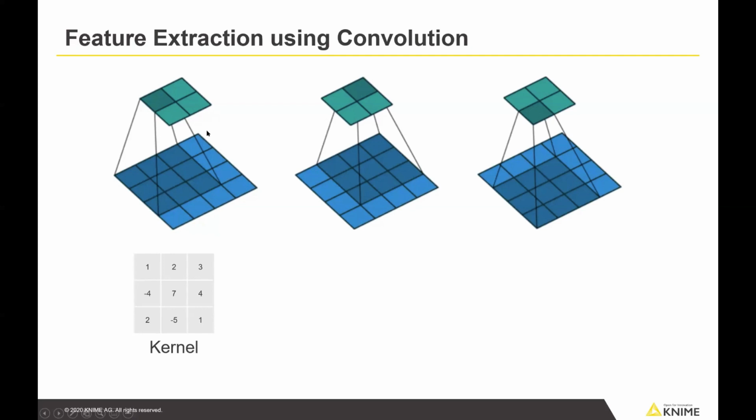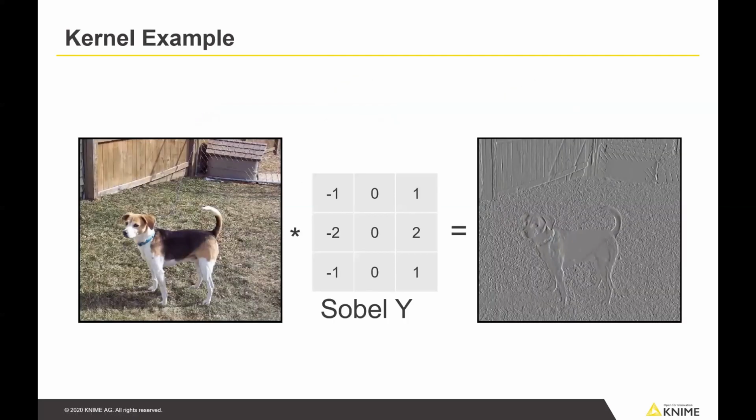Maybe this is a little bit hard to imagine, what this does in the end. So I'd like to show you one example. There are existing predefined kernels which can be used to extract certain features from images. For example, there is the so-called Sobel Y kernel, which looks like, as you can see here in the middle. This can be used to find vertical edges in the image.